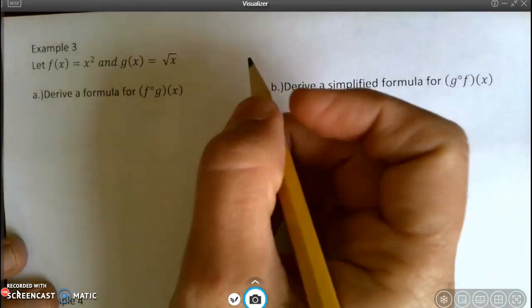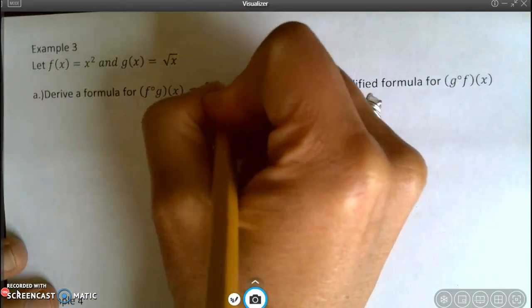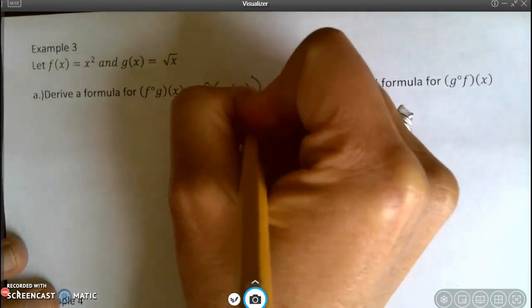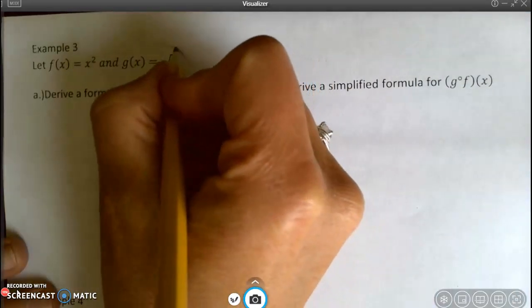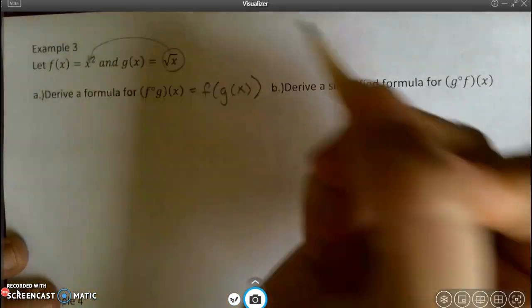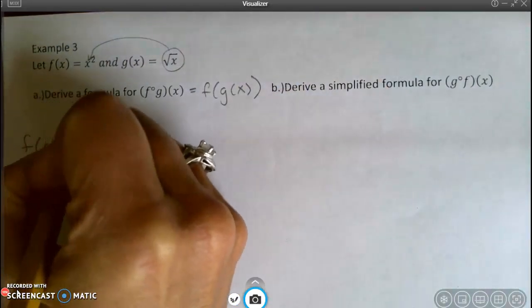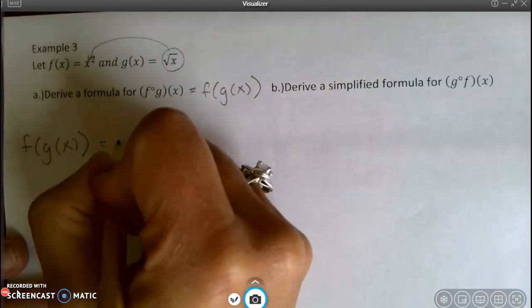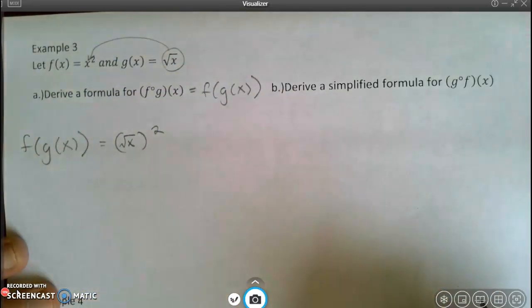All right, so moving on to example 3. I'm going to continue doing what I did before, f composed with g of x, so I'm putting g into the f function. So I'm going to put square root of x right here, so f at g of x is equal to the square root of x squared.